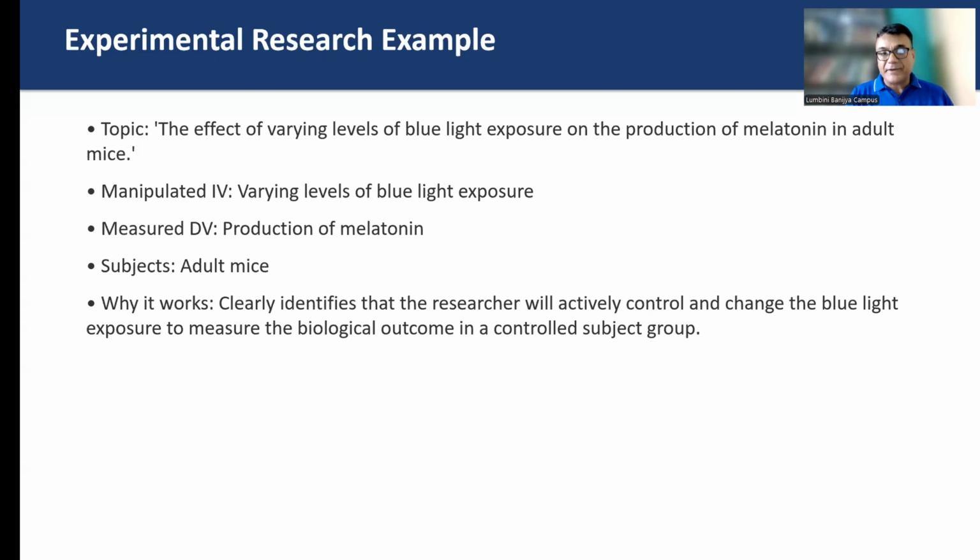Why does it work? It clearly identifies that the researcher will actively control and change the blue light exposure to measure the biological outcome in a control subject group. So whenever researchers change the level of light exposure to the adult mice, what would happen with the production of melatonin in the mice? Okay, this is a pure experimental research.